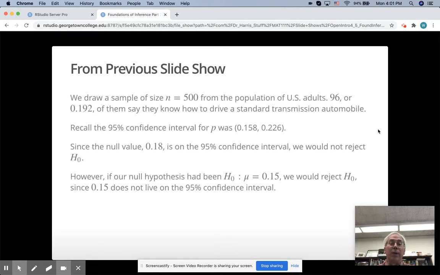So if our null hypothesis is P equals 0.18, since 0.18 lives between those two numbers, we would not reject the null hypothesis. We would fail to reject and say we didn't find evidence that 0.18 is a bad number.